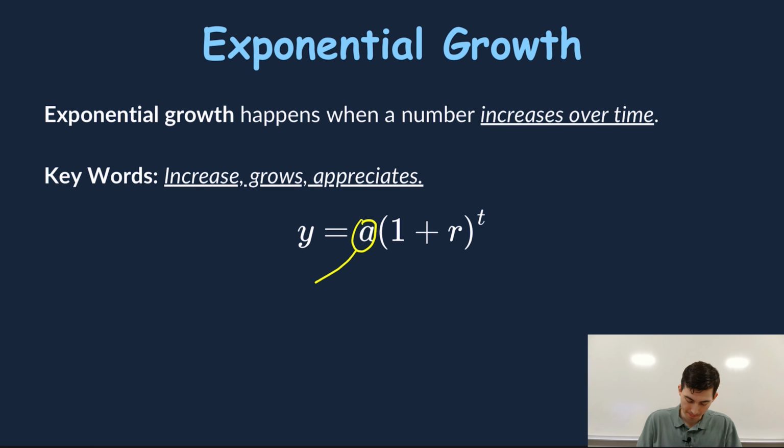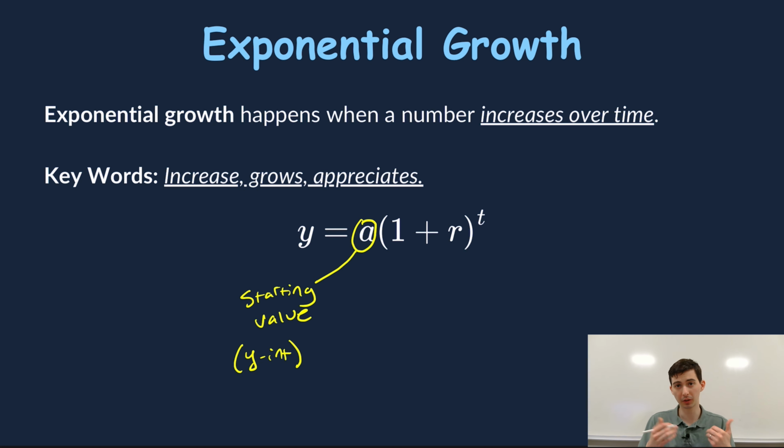So A is going to be my starting value. Okay, so whatever we're starting with, that's A. A is also going to be the y-intercept, because that's where we're going to be starting our graph from, the y-intercept. Now inside the parentheses, we're going to have 1 plus a rate, which is r.